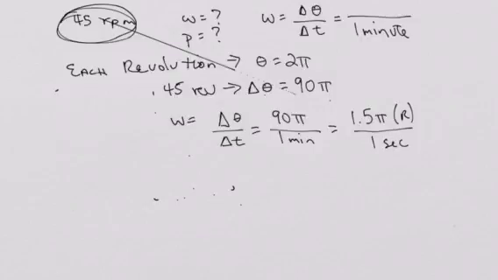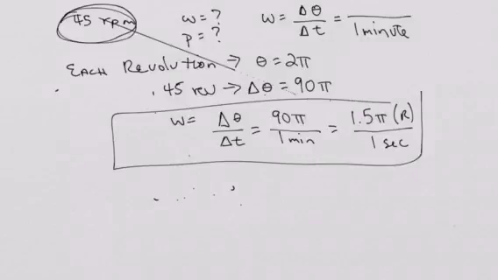So we answered question A, and I'll go ahead and highlight that. That's A. Then the second question is, what's the period? Well, the period is a little different. That's how long it takes to complete a cycle.